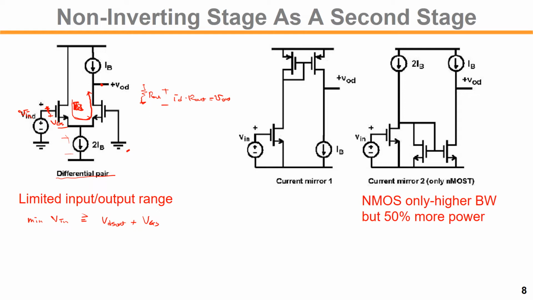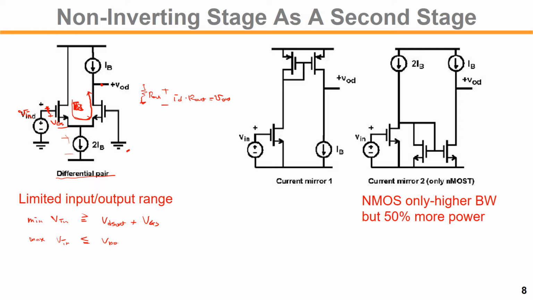But for the output, Vout, what is the maximum Vin? It can go up to VDD, right? If you go up to VDD, it is still in saturation because the drain is at VDD.